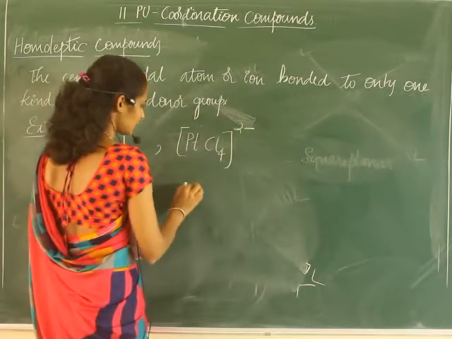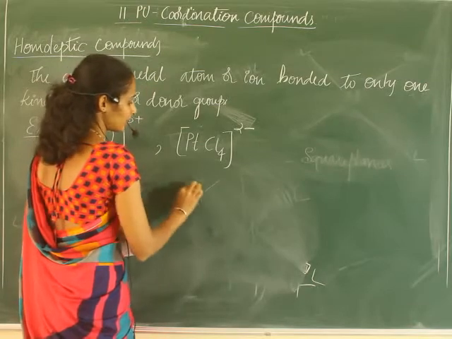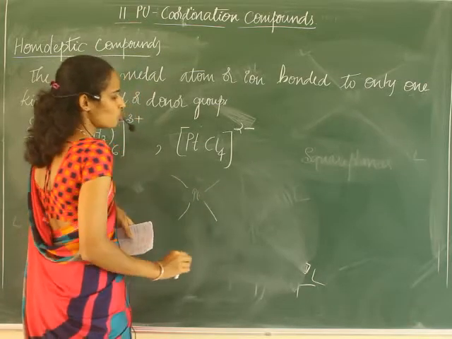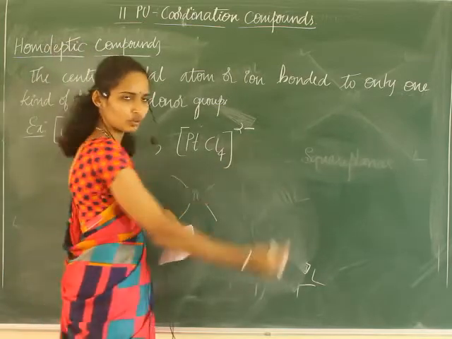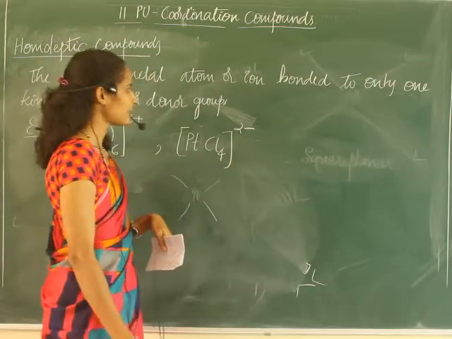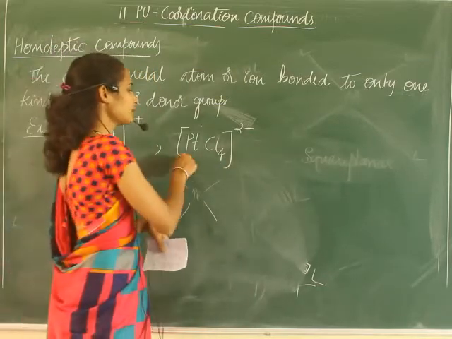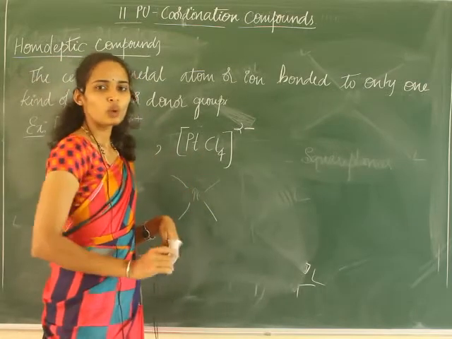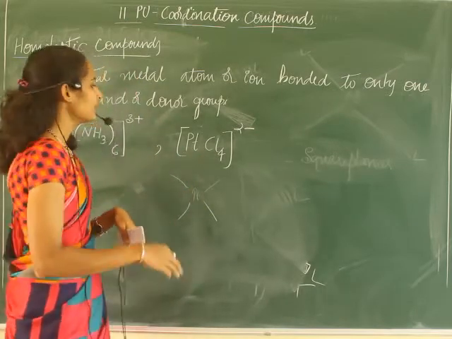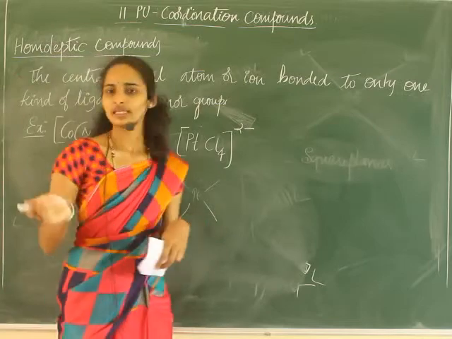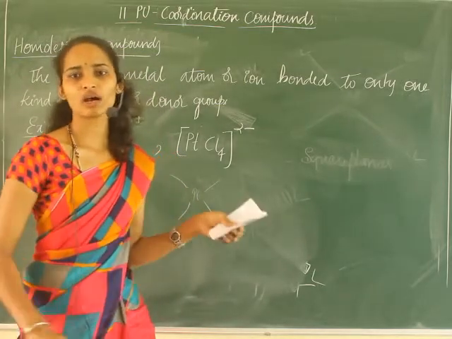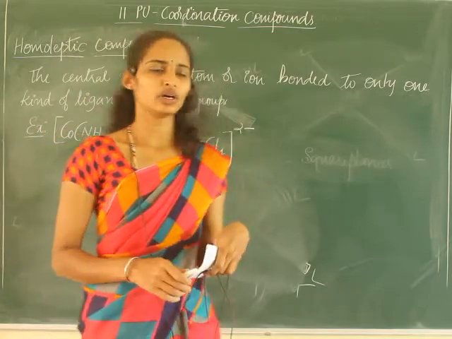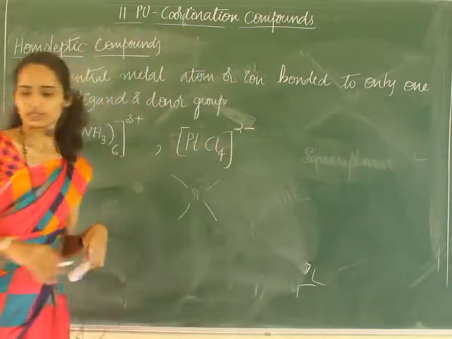Here also the central platinum ion is directly coordinated to 4 chloride ions, right? There will be one more counter ion, but here we see what kind of ligands the central atom is directly attached to, whether different kinds or the same kind. Then we decide whether the coordination compound is homoleptic or heteroleptic.